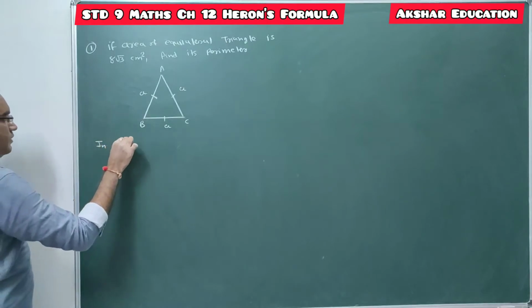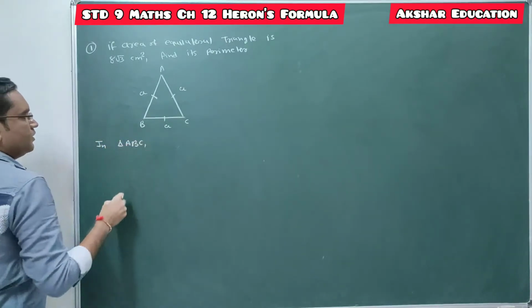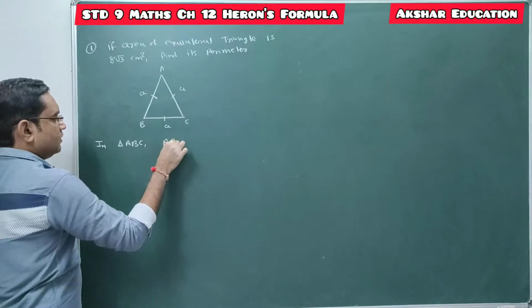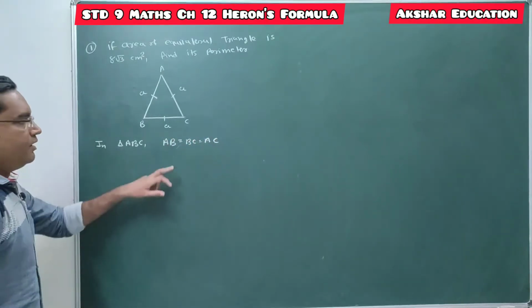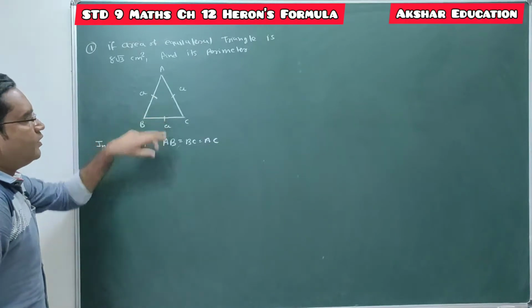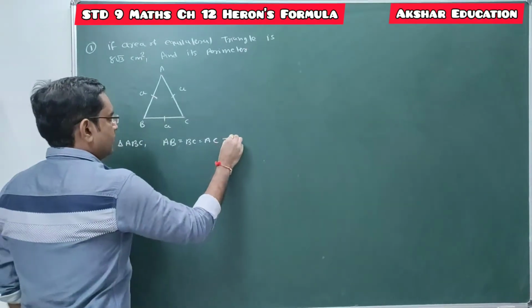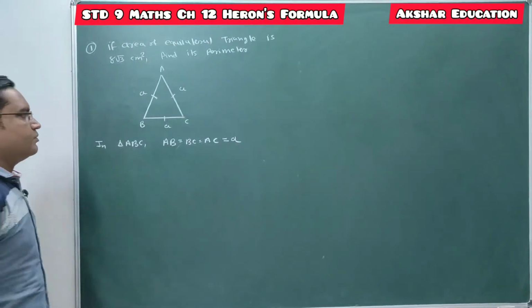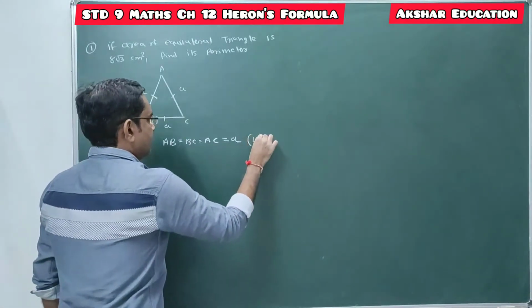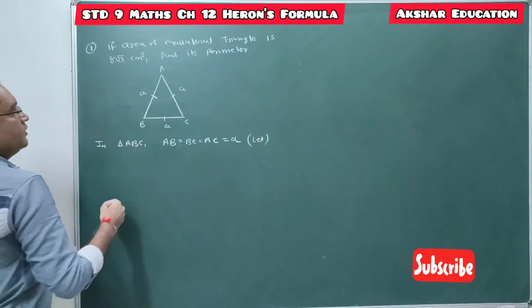So in triangle ABC all three sides are equal: AB equal to BC equal to AC. The triangle in which all three sides are equal is called an equilateral triangle, and here the measure of all sides is equal and that is equal to a. That is our assumption.